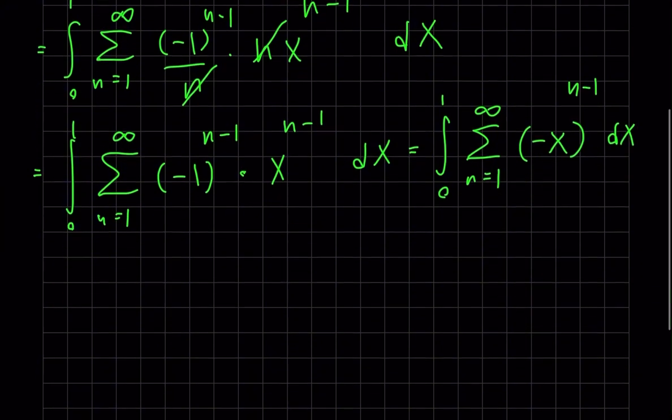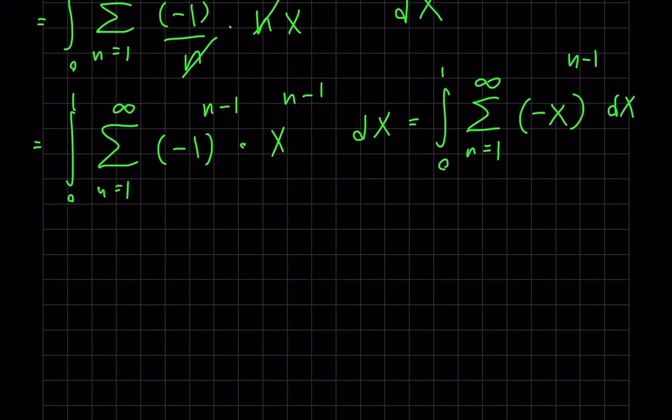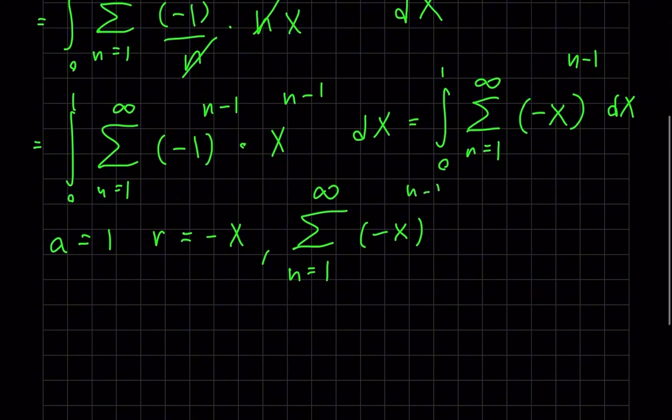And you can notice that this is a geometric series where a is 1 and r is -x. So you could say that the sum from 1 to infinity of (-x) raised to n minus 1 is 1 over 1 minus (-x), but that's just 1 over 1 plus x.